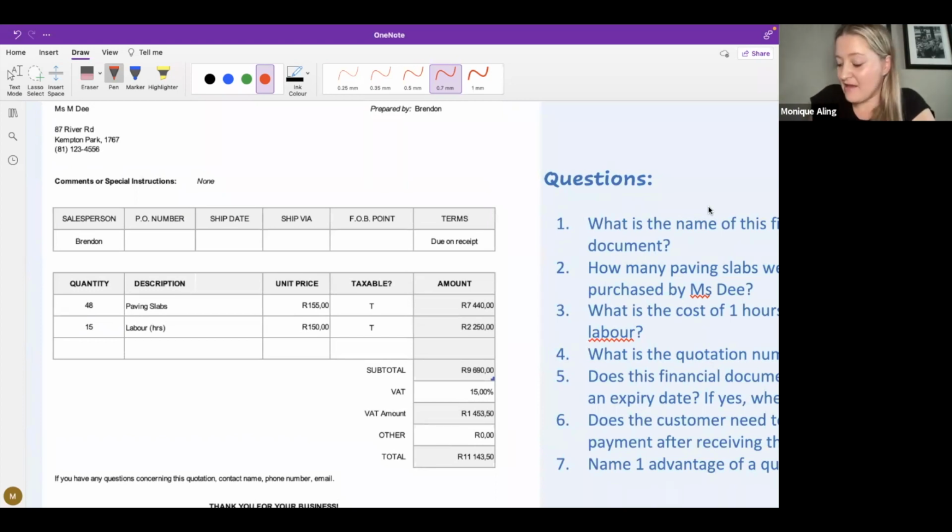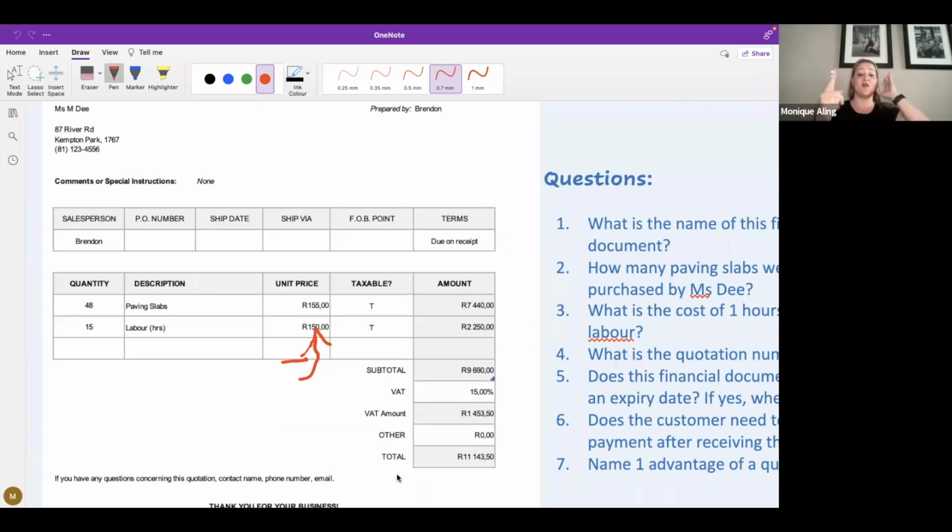Okay, so if we have a look, I do apologize again, my pencil is not working with me. We see that the unit price for the labor is 150 Rand. What does unit price normally mean?